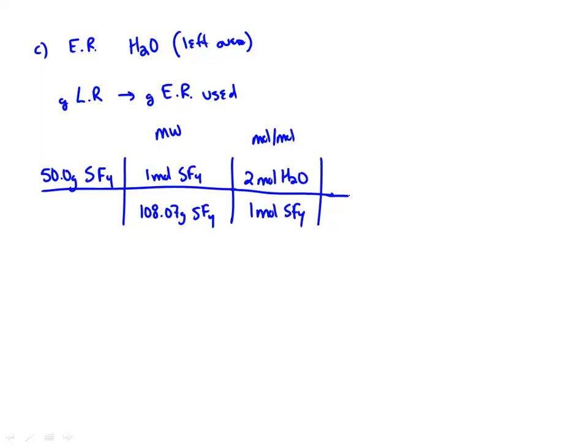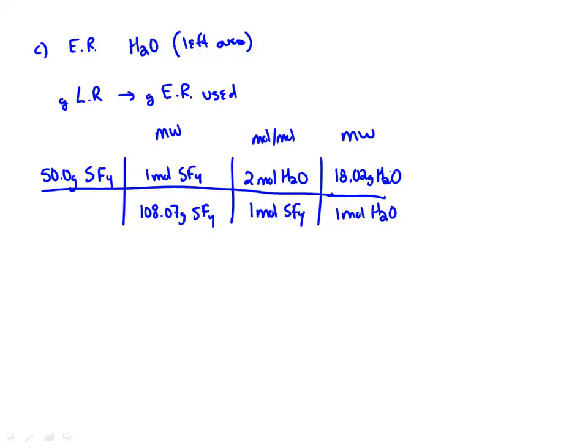And then, of course, the last step is molecular weight, so 1 mole H2O is 18.02 grams of H2O.